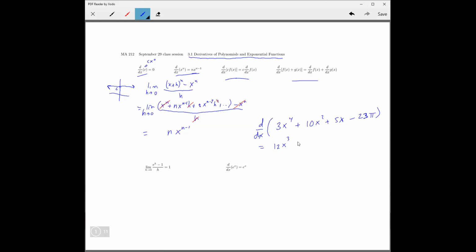Then you add the derivative of this one, which is bringing the 2 down, so that's 20, and then x to the 2 minus 1. 2 minus 1 is 1, so it's just x. And then this one is 5x to the first power, right? When you bring a 1 down, then it's x to the 0, which is just 1. So that turns out to be 5. And then the derivative of that is 0, okay? So that's an example of taking a derivative of a polynomial.